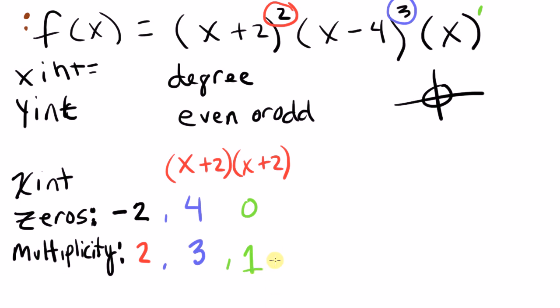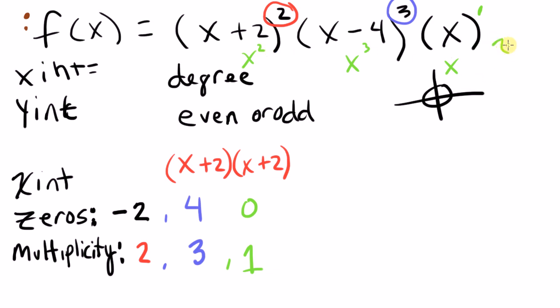All right, so what is the degree of the polynomial? Well, if I multiplied these guys out, I would get x squared. If I multiplied the x minus 4 out, I would get x times x, which is x squared times x, so x cubed, and then just x. So how many x's do I have? 3, 4, 5, 6. So this is x to the 6th.